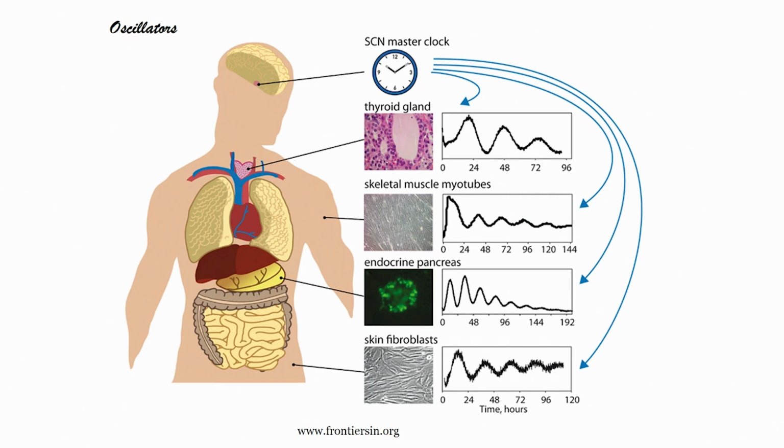For example, the thyroid gland, skeletal muscles, myotubes, endocrine pancreas, or skin fibroblasts: everywhere you will see certain patterns. So oscillations are everywhere. If you talk about energy, positive energy and negative energy, it is nothing but the oscillations around us. So, let us see the kinds of oscillators and how we can design them.